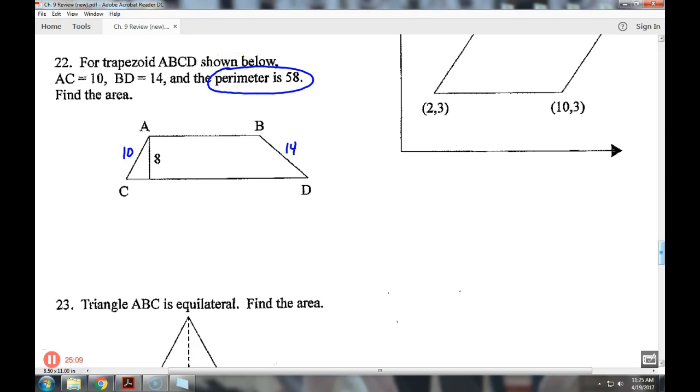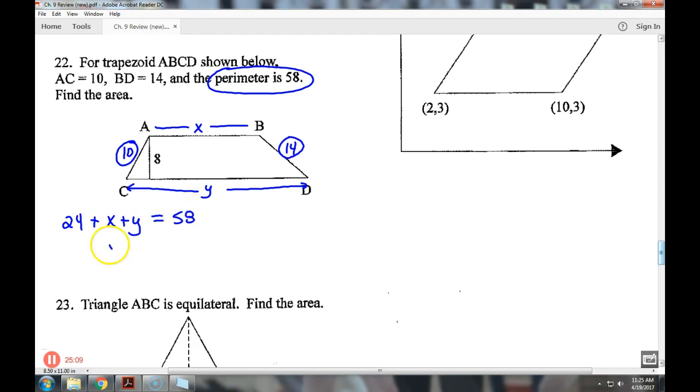If the perimeter is 58, let's just call this piece up here X, and let's call the bottom piece down here Y. So that means when I add up my sides, I have 24 plus X plus Y equals 58. So subtracting 24 from both sides, I know that X plus Y comes out to be 34.